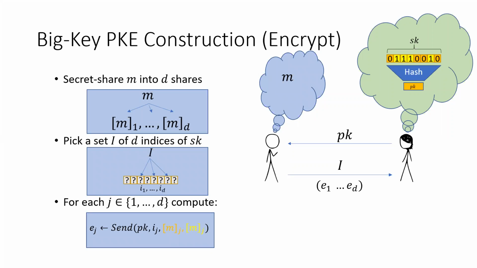And the idea is that if the adversary doesn't know the ith index of the database, or one of the D indices that Bob selects when he encrypts, then he's not sure if that location is a 0 or 1. And that means that he's not sure which of the two copies of the message, the orange one or the yellow one, he's allowed to decrypt.